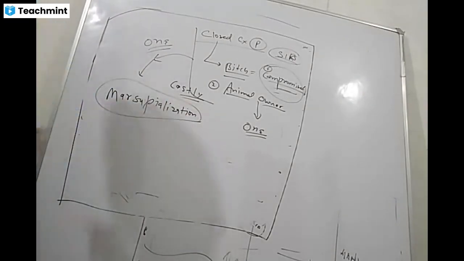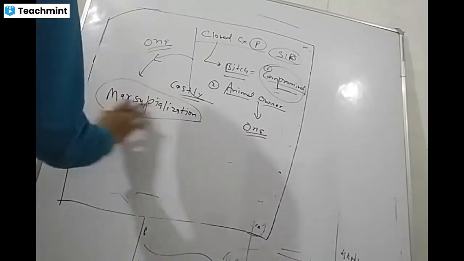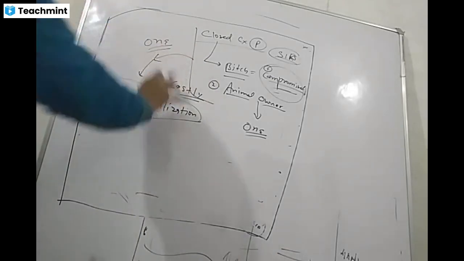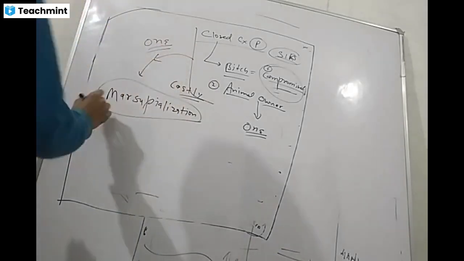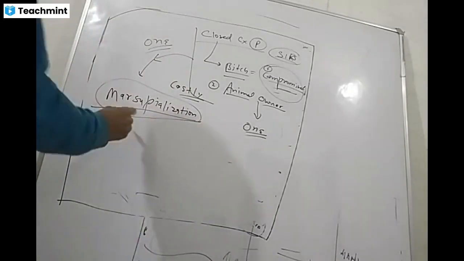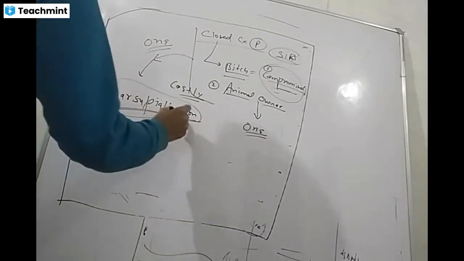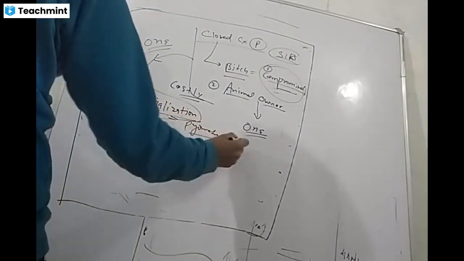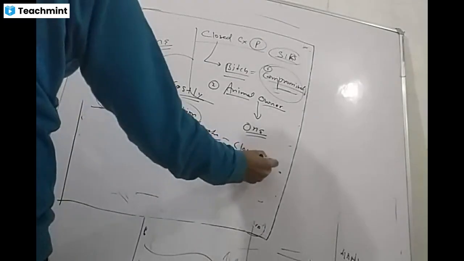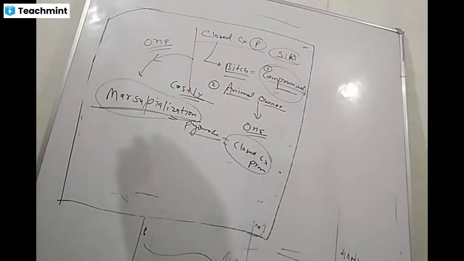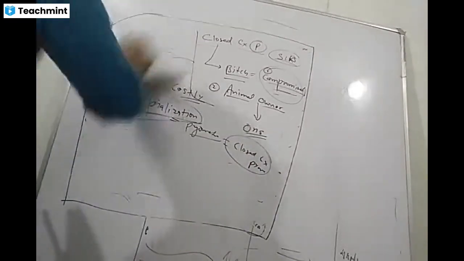With the help of this process, you can drain the pus of the uterus out of the body and you can save the life of the animal. So marsupialization is done for the case of pyometra. Which pyometra? Closed cervix pyometra. Now we'll see what this procedure is and how it is carried out.